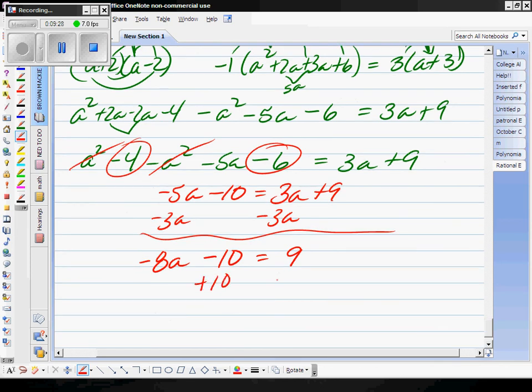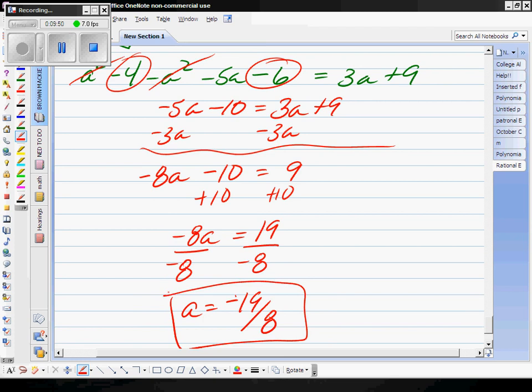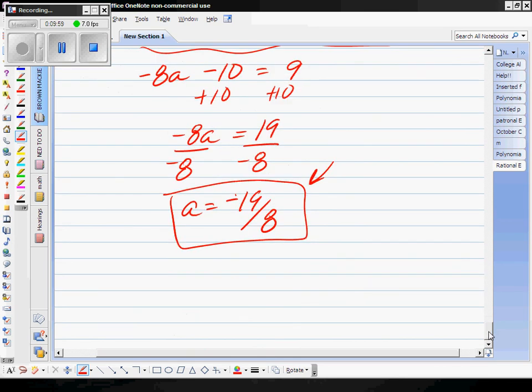So I add a 10 to both sides, and that'll give me negative 8a equals to 19. So now divide by negative 8 on both sides, and a equals to negative 19 over 8. Then we plug that back into your equation to double check yourself, but I know you guys are not going to because you hate fractions. All right.